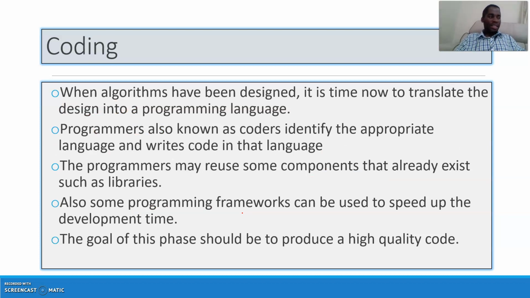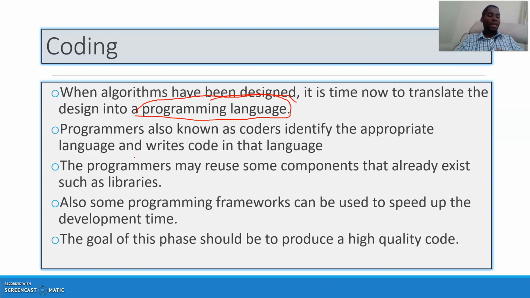When a program has been designed, it's time that it goes into the hands of coders. So the coders would identify a programming language which is more appropriate. As we saw, there are different types of programming languages and different styles of writing.